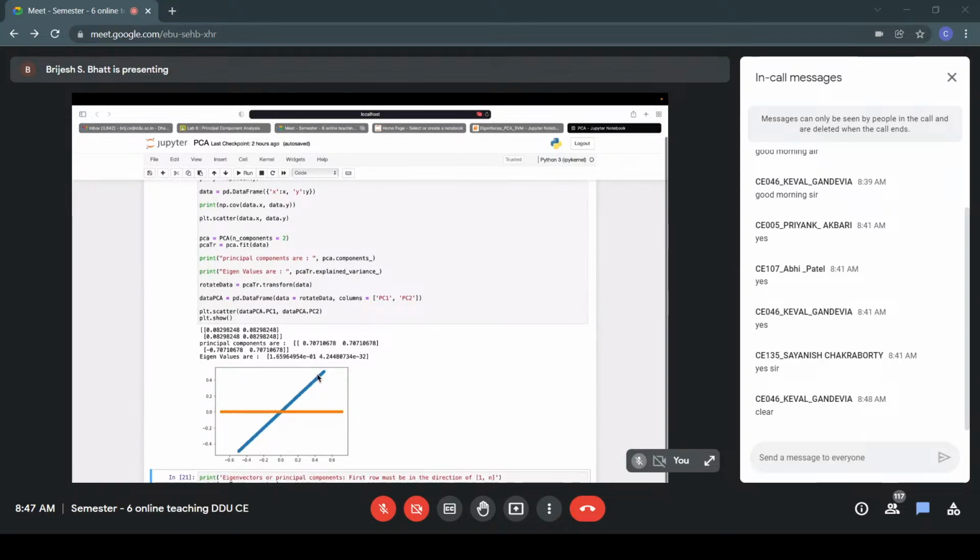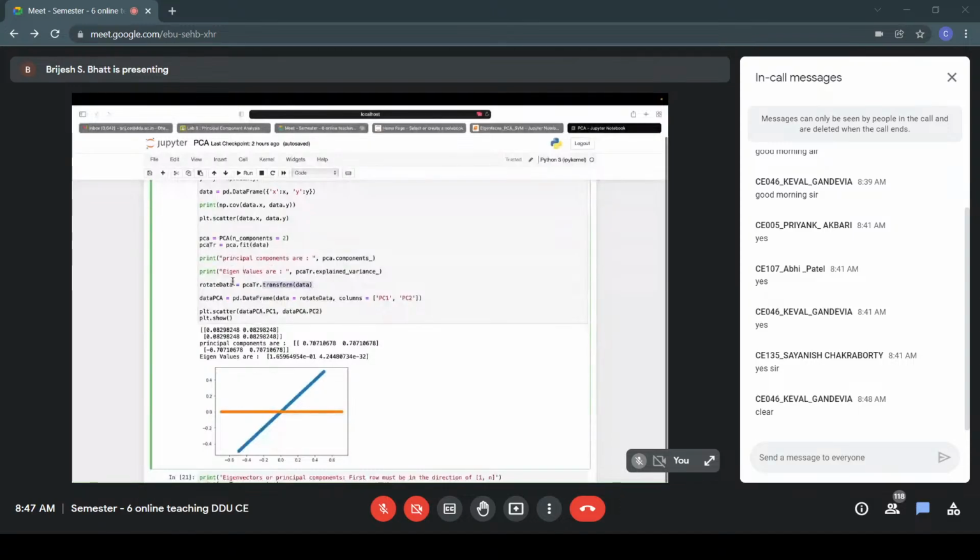And what degree of rotation is required? How do you calculate this degree of rotation? That degree of rotation is given by the transformation that you have learned in your PCA.